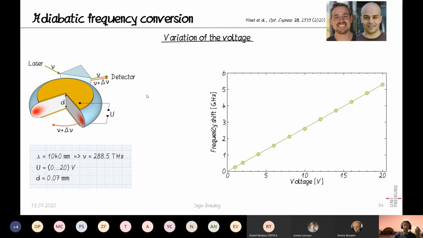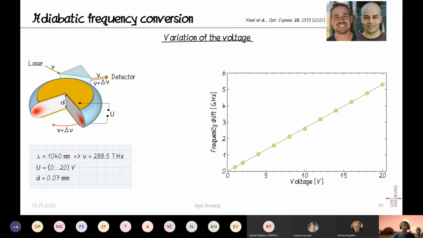And one feature of this experiment was, in order to increase the electric field, we just decreased the thickness of the resonator, so the thickness d, right? We reduced it to 70 microns, and still it worked. So we could have more than 5 gigahertz, just by applying 20 volts.